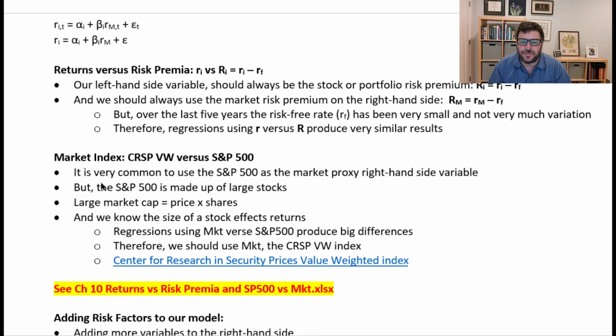But since the S&P is made up of large stocks, which is the large market cap, which is price times shares, we know that the size of a stock affects returns, and so regressions using the market versus regressions using the S&P 500 actually can produce big differences because what we signal as MKT, this CRSP Value Weighted Index, contains lots of stocks, which includes small stocks, whereas this just contains big stocks. And so therefore we should use the MKT, which is the CRSP Value Weighted Index.